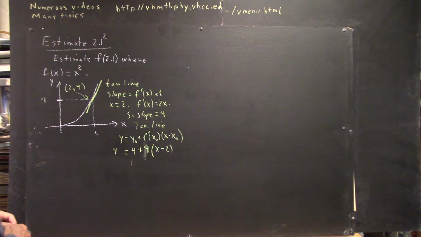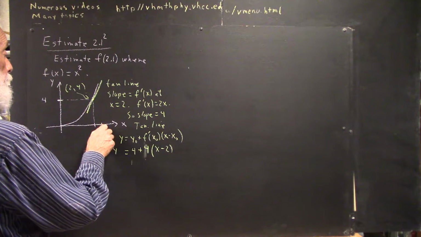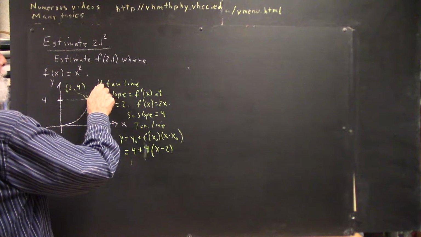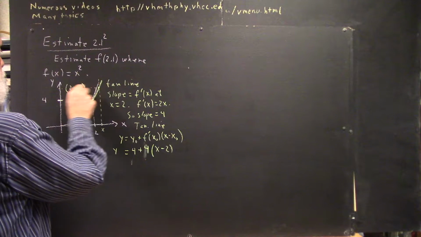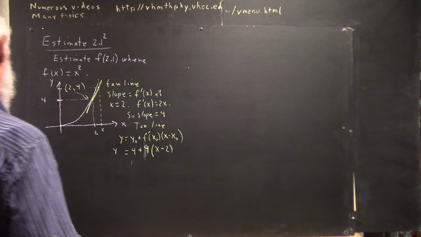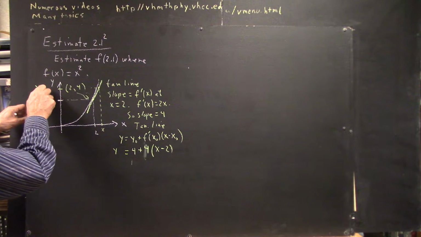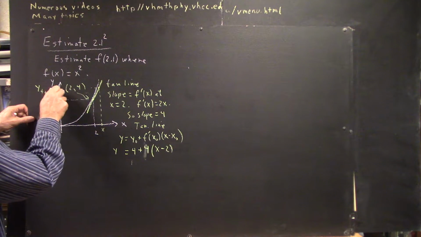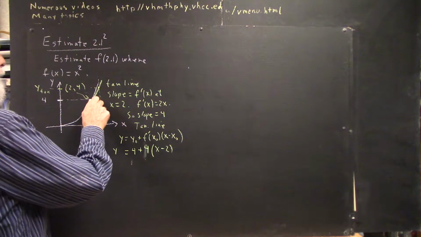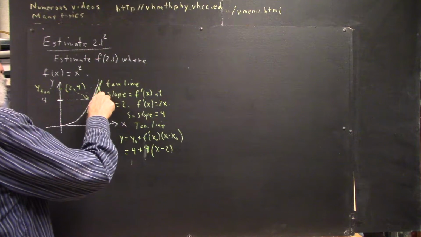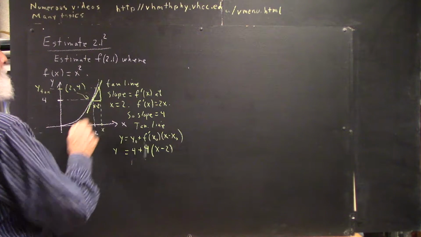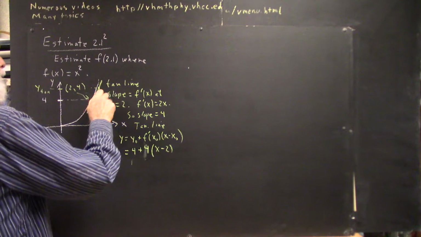And again, the meaning of that: if we go out to some value x here, we've got the value on the tangent line, which projects over to here. So this would be our value of what I've called y according to the tangent line. And we have a triangle here, one of whose sides is x minus 2, and one of whose sides I've called delta y.